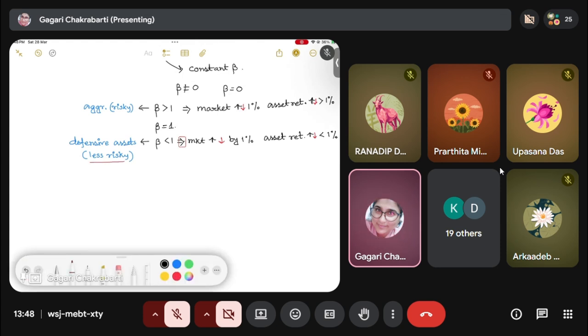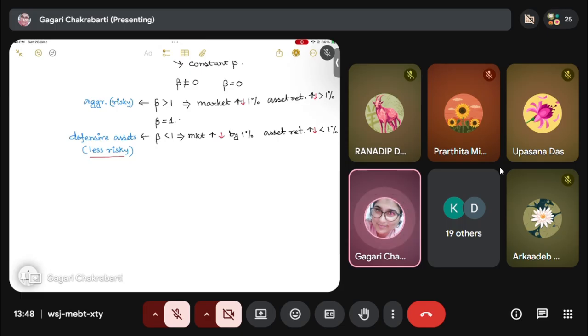কেমন? আর এই কেসটা বিটা ইকুয়াল টু 1, তার মানে মার্কেট যদি 1% বাড়ে বা চেঞ্জ করে, অ্যাসেট রিটার্ন উইল চেঞ্জ এক্স্যাক্টলি বাই 1%. তবে চেঞ্জ ইন মার্কেট is equal to the change in asset.